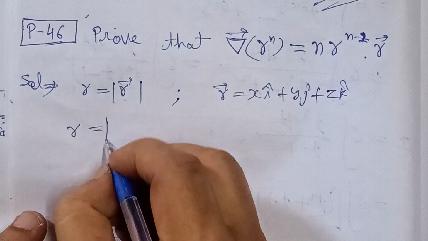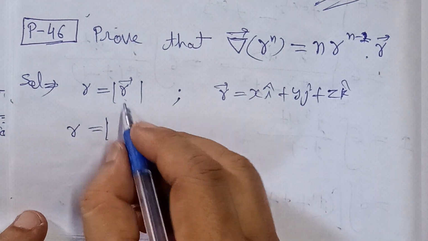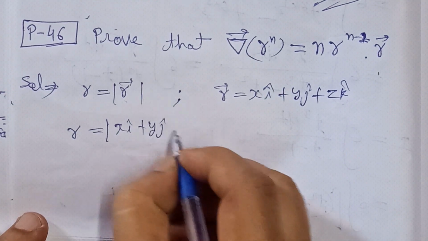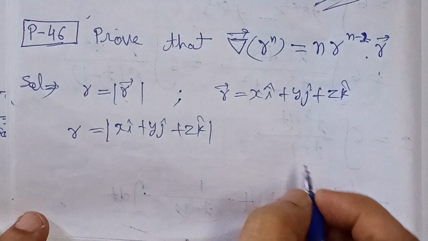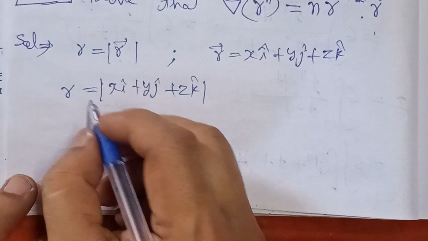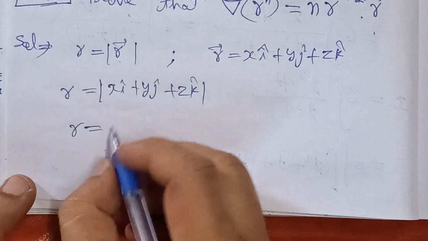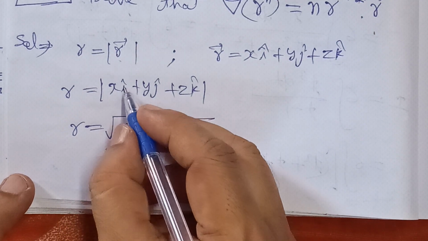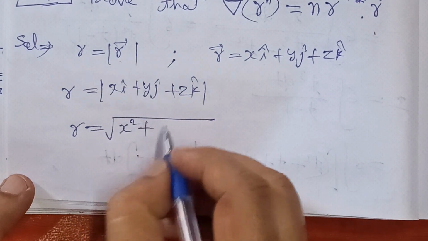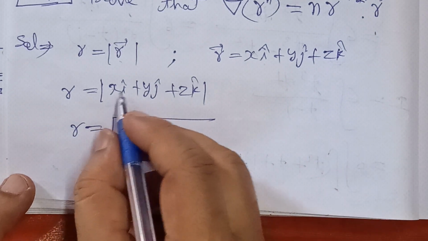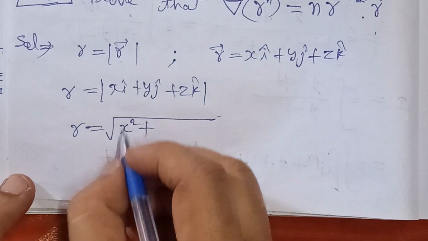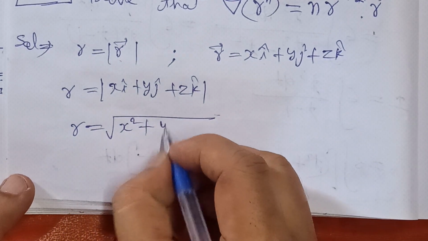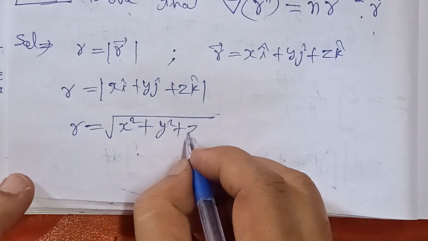So small r, which is a scalar, is the modulus of vector r, which is equal to the square root of the coefficient of i whole squared, coefficient of j squared, and coefficient of k squared.